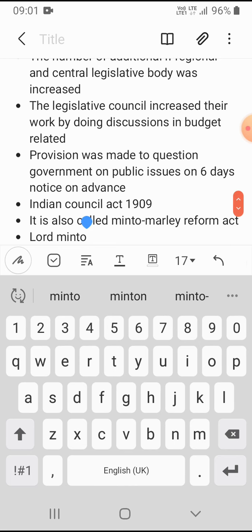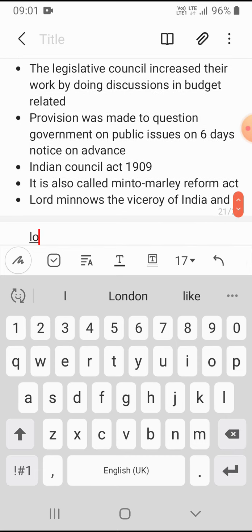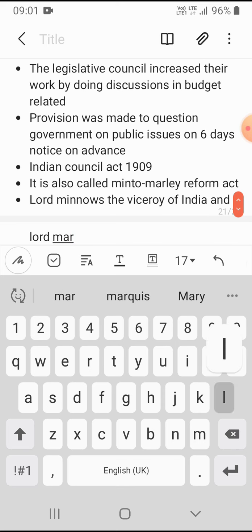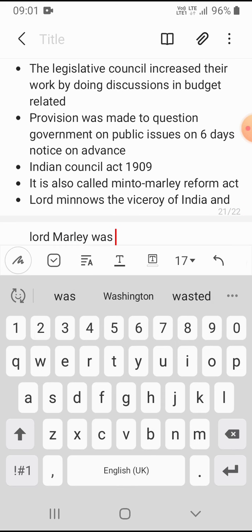Lord Minto was the Viceroy of India, and Lord Morley was the Secretary of State for India. So it is called the Minto-Morley Reform Act.